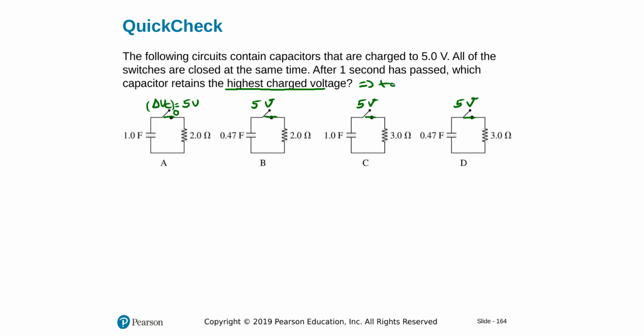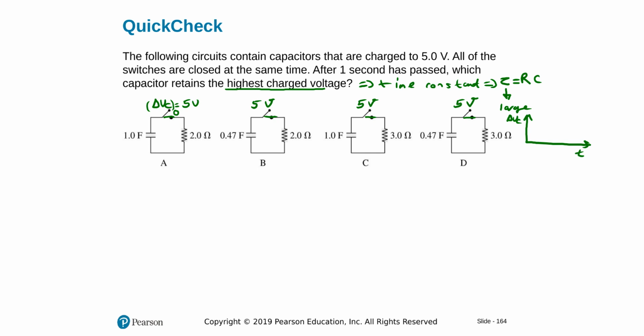Time constant is defined as tau, the symbol, equal to R times C. We'll find those. If we have a large time constant, that means my current or potential difference over time decays slowly.